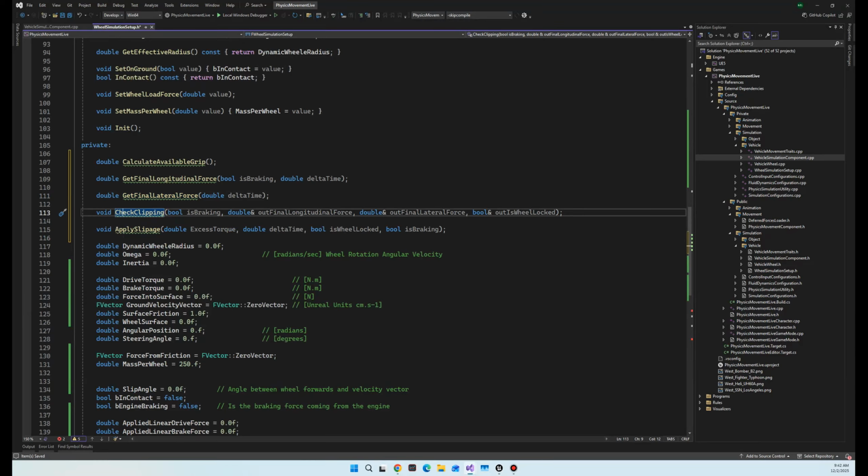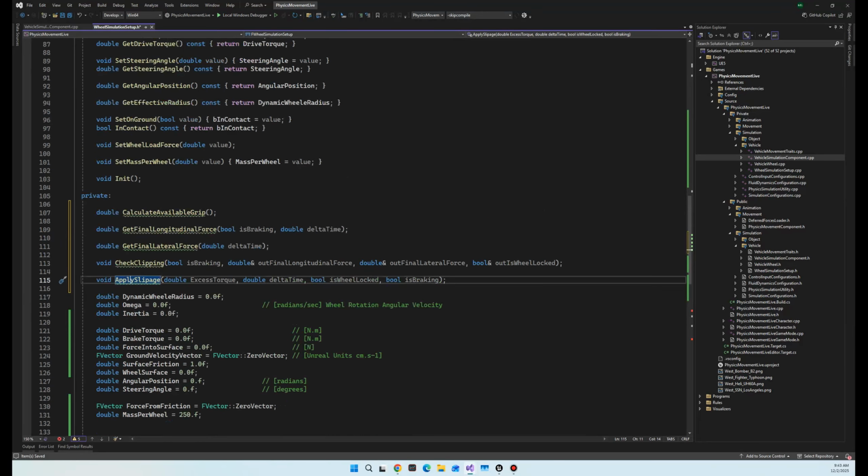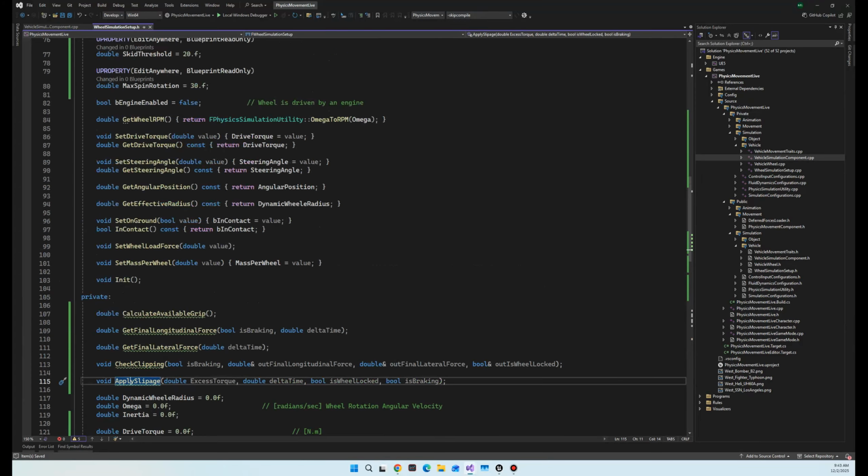This is check clipping. We want to take a look at the size of the tire and make sure we're applying the right amount of force across both the longitudinal and lateral. And then we also have apply slippage. If our vehicle is exceeding a certain tolerance, then the vehicle will start going into slipping versus traction. That's what we have there, so we'll be calculating all that within our simulation.